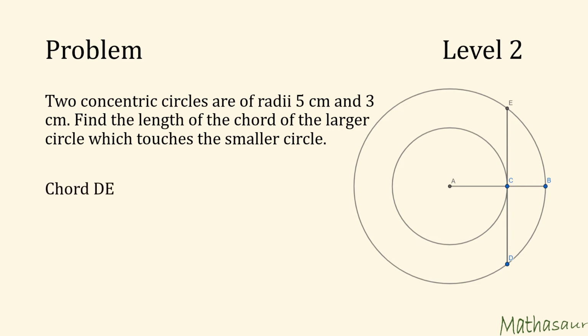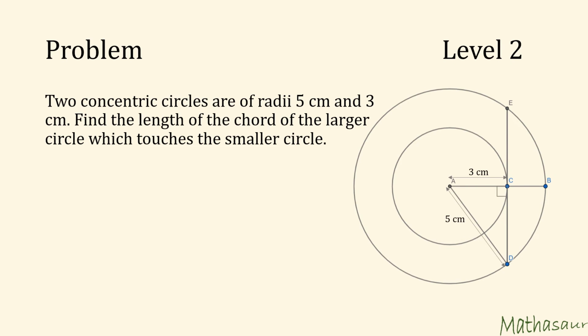Alright, now let us look at our diagram. We want to find the length of this chord DE. Now we can break this chord into two line segments DC and CE. Now let us try to find the length of DC. So we can join segment AD and we get a triangle ACD.